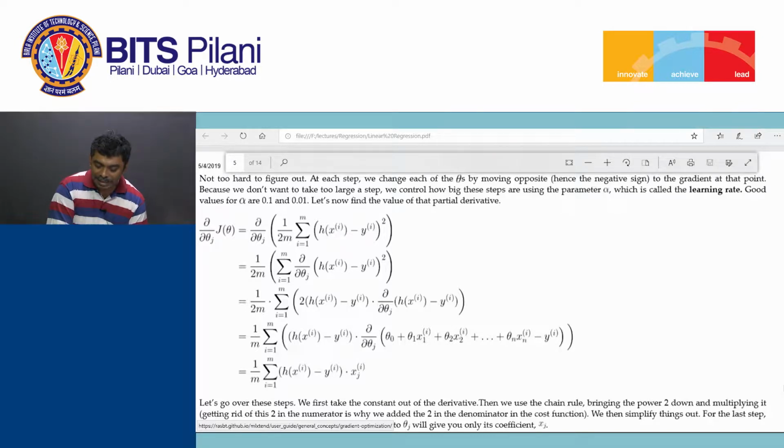And then the second part of the chain is when you differentiate this term. What is this term? As I said, h is this minus y i. When you are differentiating with respect to the thetas, none of the thetas are squared, so these are all linear, and all you are left with are the coefficients.